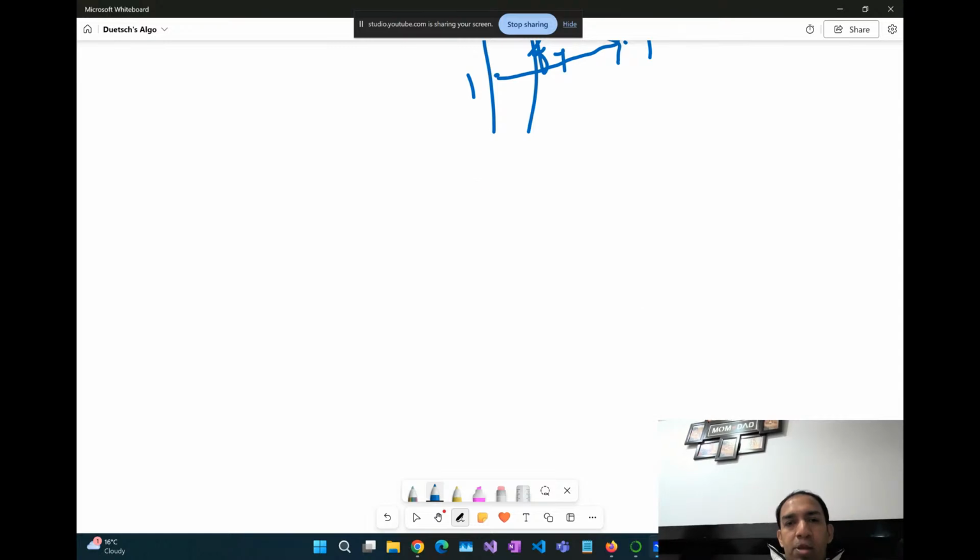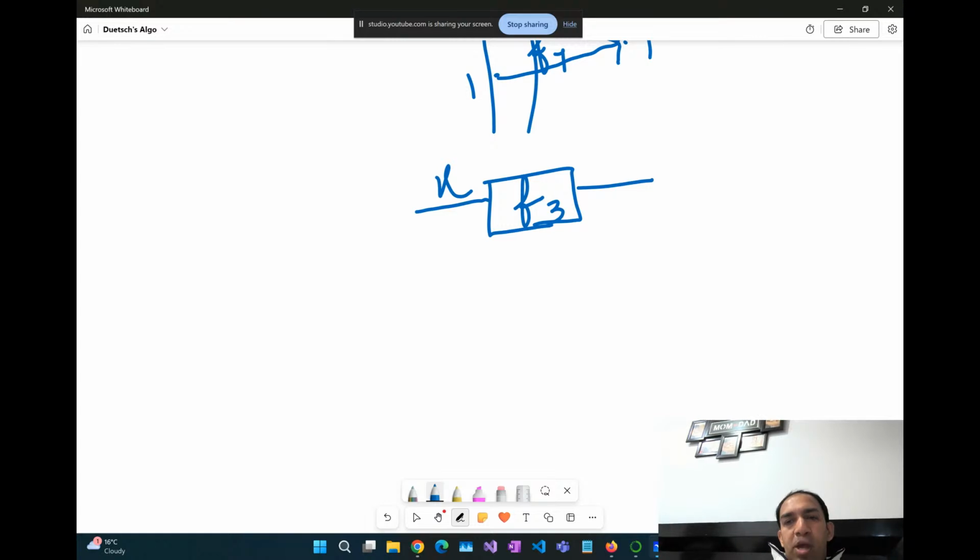Let's say we have this particular F3, the input is given as x and the output is given as F(x). This simply means that I can represent it via some matrix. So x may be 0 and x may be 1.